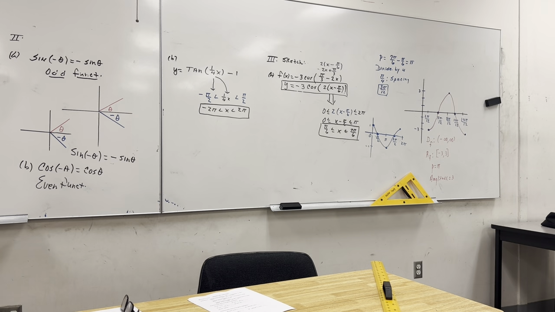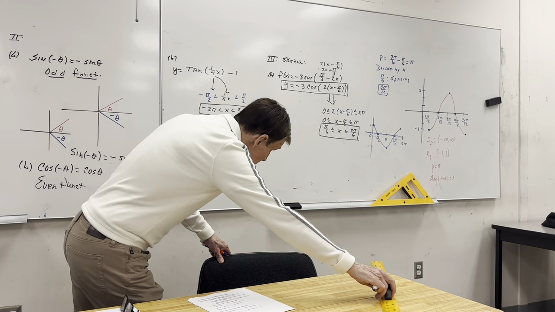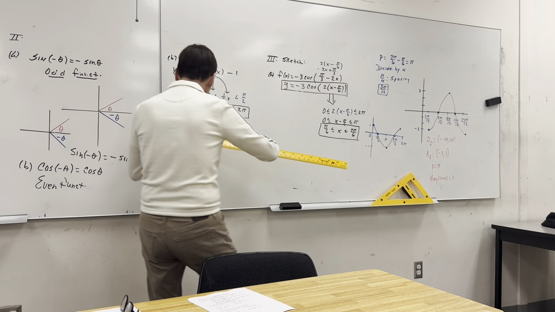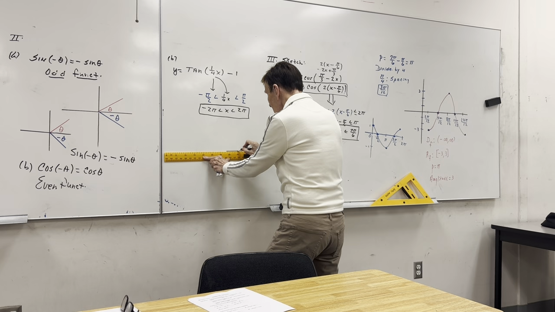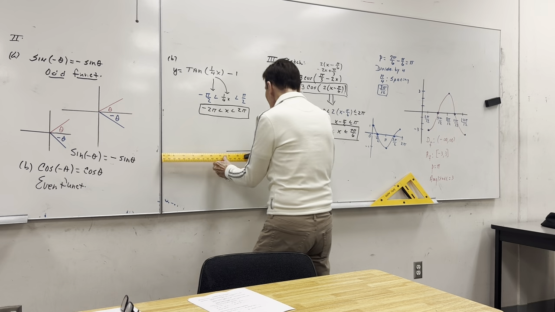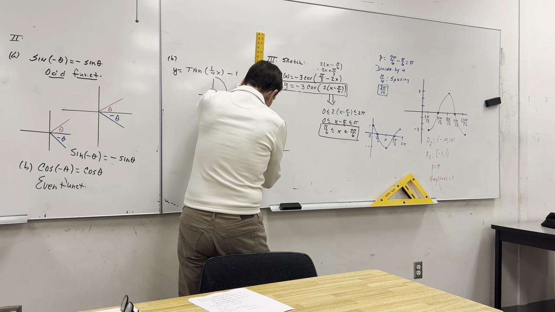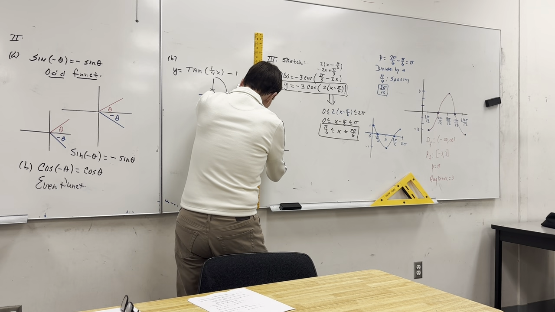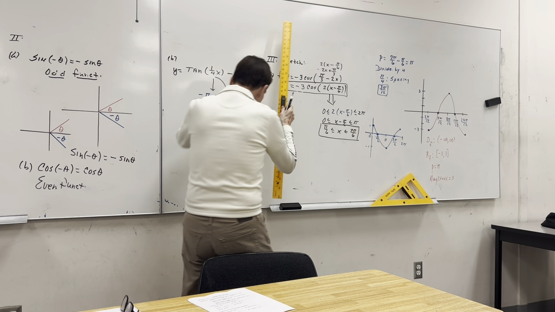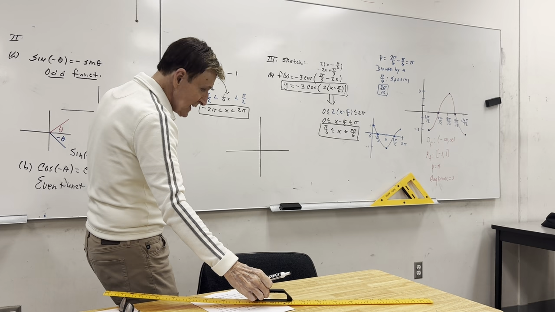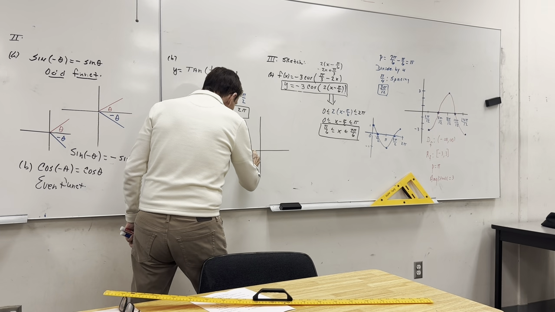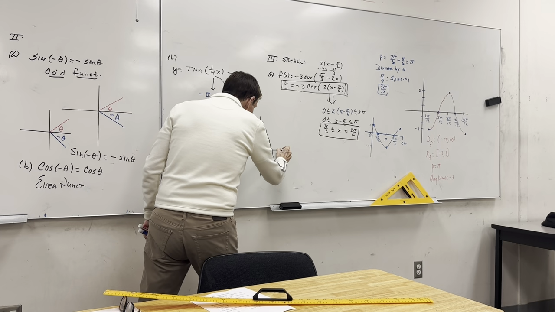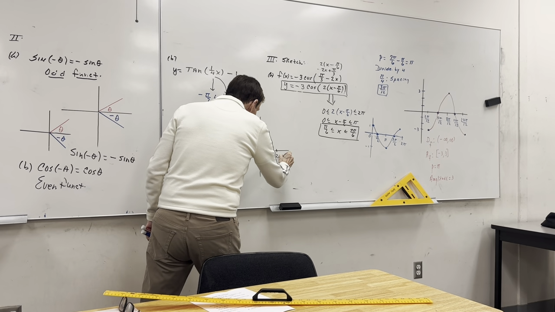That means now if I go to the grid, say, professor, I want to see what that one cycle looks like for this graph, tan 1/4 x. Here goes. It says please start at negative 2 pi, I will put it down here, and end at positive 2 pi, put it here.